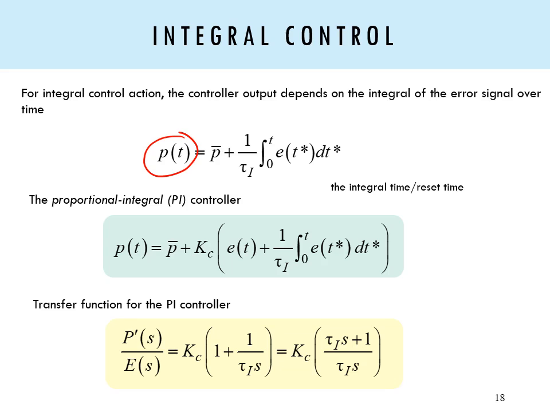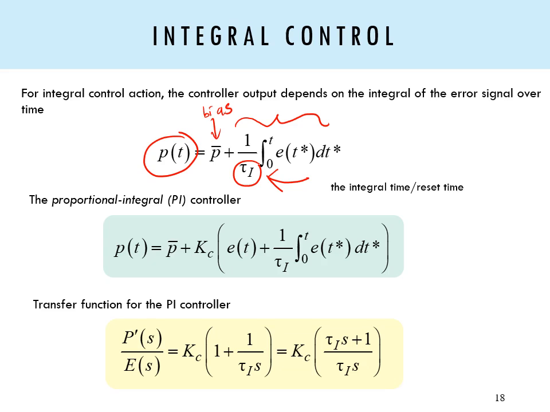So this is the error signal over time, and this one is the bias. Tau I indicates the integral time or reset time, which is an adjustable parameter for the integral term in the PID controller.